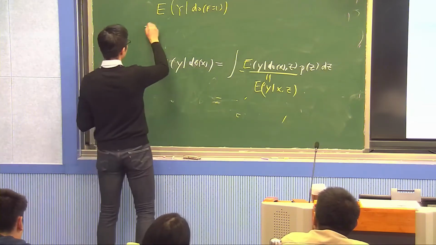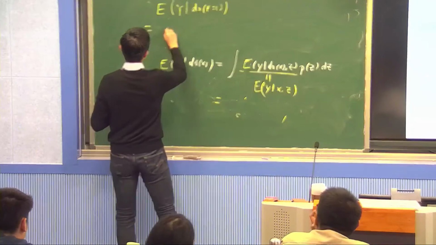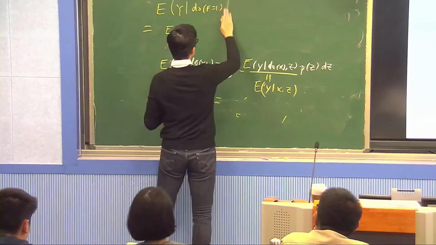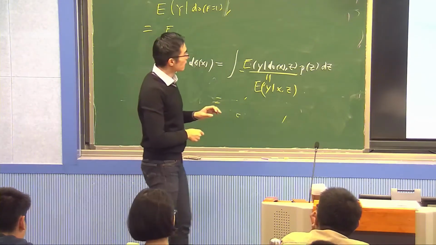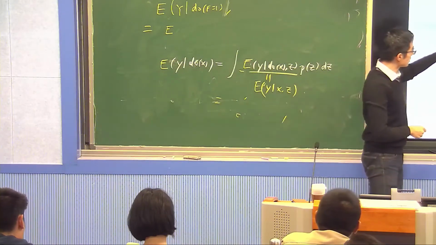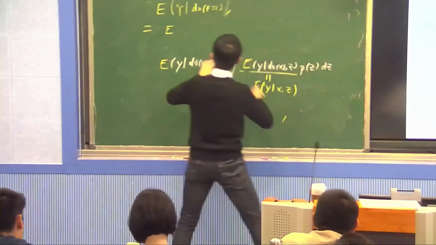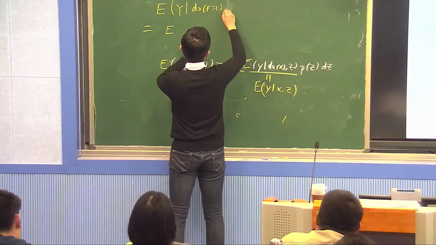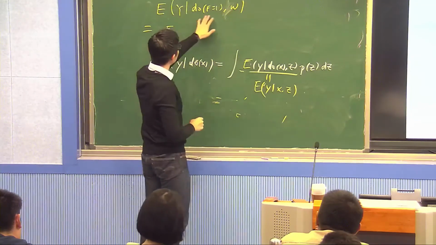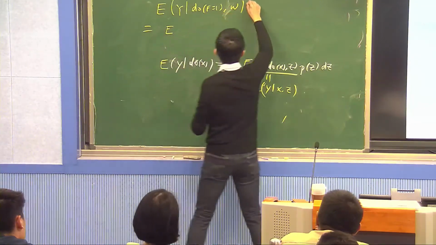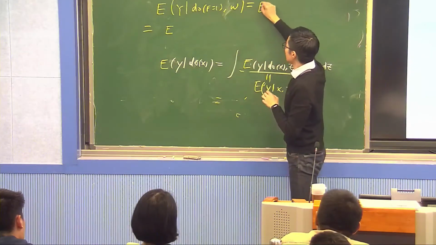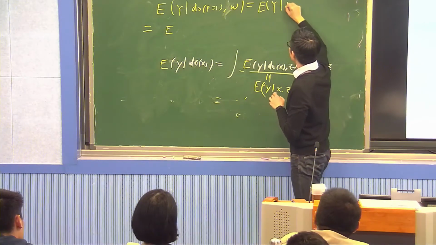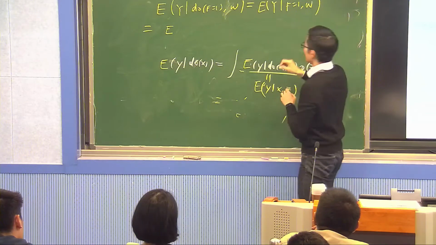First of all, the backdoor criterion tells me that conditioning on W blocks all the backdoor paths. So the first thing we can write is E(y | do(f = 1), W) is equal to E(y | f = 1, W), right?